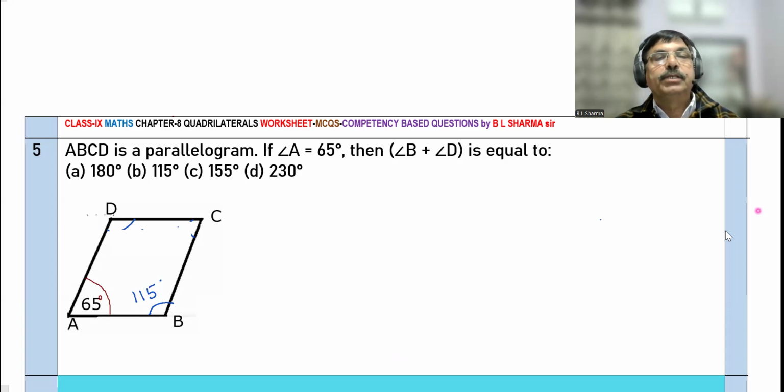In a parallelogram, opposite angles are equal. So angle B is equal to angle D. So angle D is also 115 degree. A parallelogram में opposite angles equal होते हैं. This is 115 degree. That is also 115 degree. And angle B plus D, 115 plus 115, that is 230 degree.